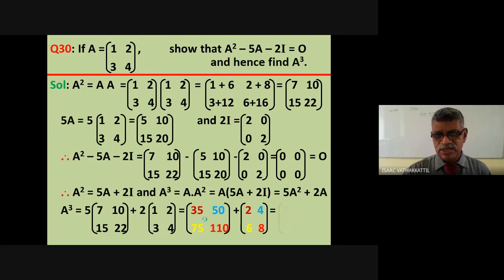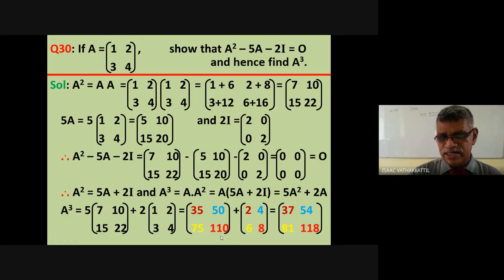Getting? What you do first is, you are asked to show that A squared minus 5A minus 2I equal to zero matrix. There is no excuse. You find it, and that is 0. And from there you are going to find, because it is asked, hence find A cube. Right? It is not by simply multiplying A and A squared, but here A squared is given, and substitute that and get A cube.